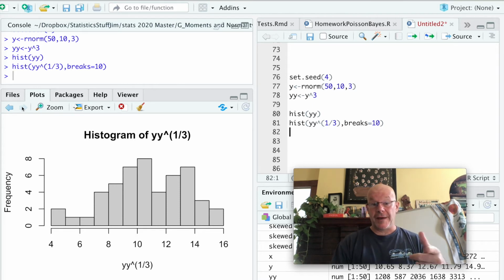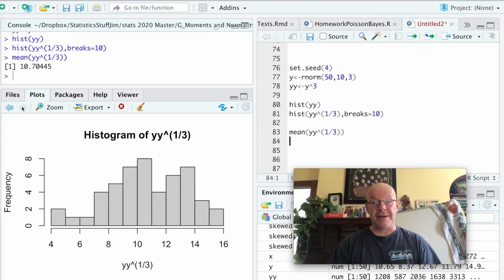We could also then, once we've transformed these data, calculate the mean of YY cube rooted. And so that would be the mean on that transformed scale. And then if we wanted to, we could transform it back, or back transform it, to the original scale.